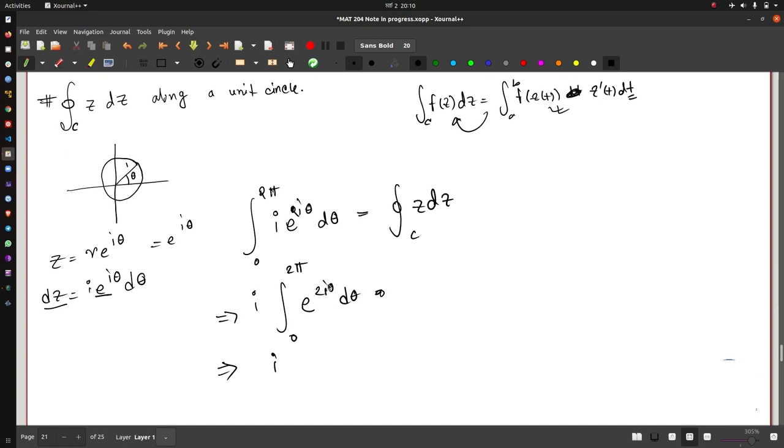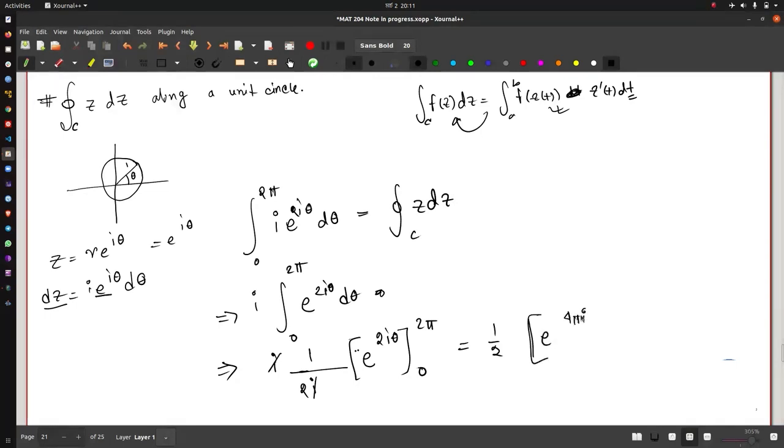If you do that, then you would have 1 upon, okay, what is this? This is 2i, so you would have 1 over 2i times e to the power 2i theta, from 0 to 2 pi, like this. Okay, this 2 cancels out. 1/2 times e to the power 4 pi I minus e to the power 0, which is just 1.